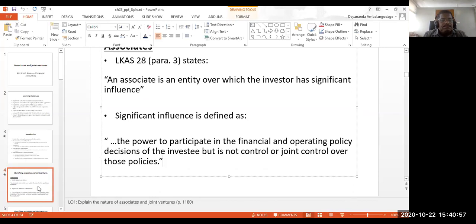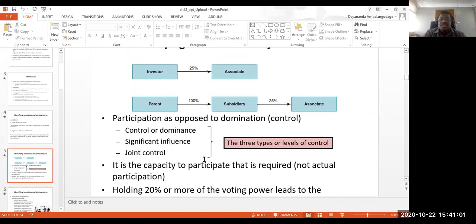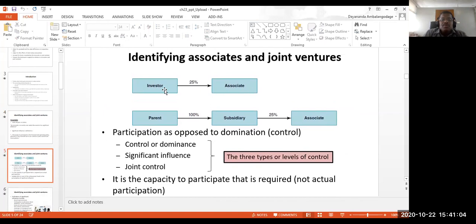Next, if you look at just hypothetical data, suppose an investor acquires 25% of another company, we call it an associate. Investor and associate. Now we don't talk here about the parent and subsidiary story. Parent is not there when you talk about the associate. We talk about the investor and investee. Here, of course, parent and subsidiary.